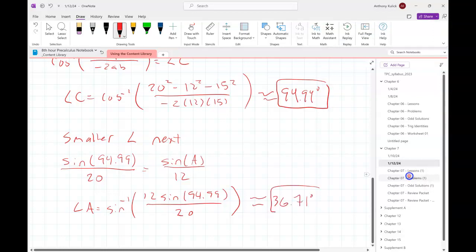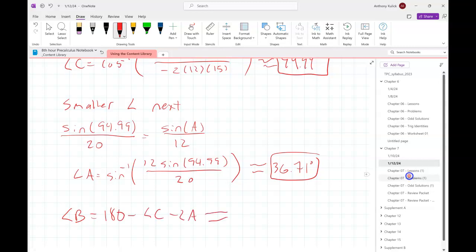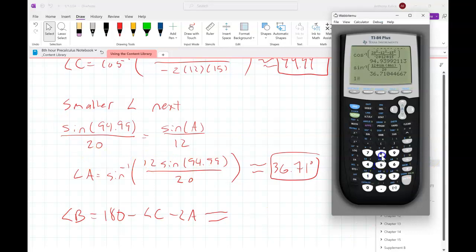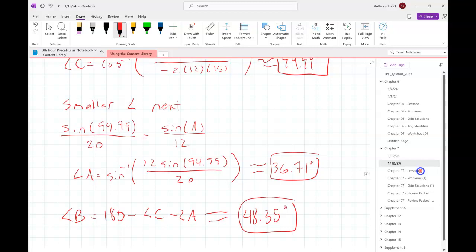How am I going to find the last angle? Yeah, good job. 180 minus angle C minus angle A. So 48.35. Feel good, Nick?